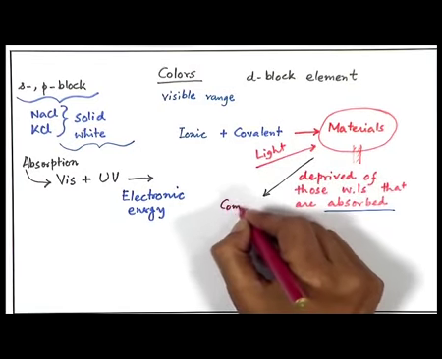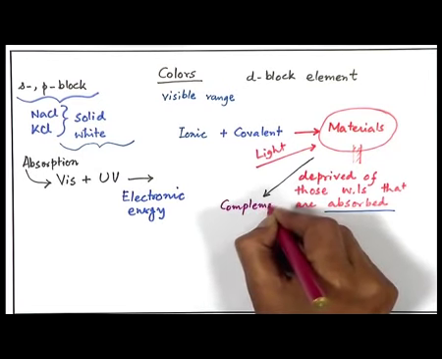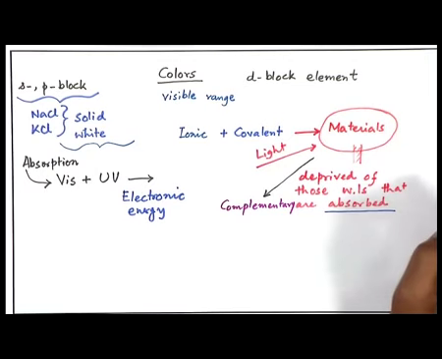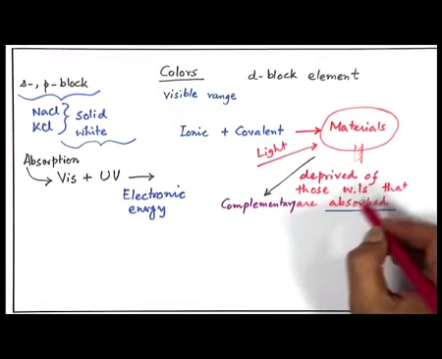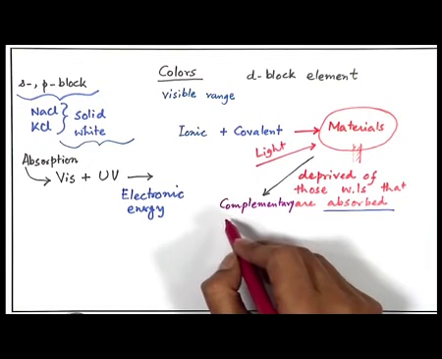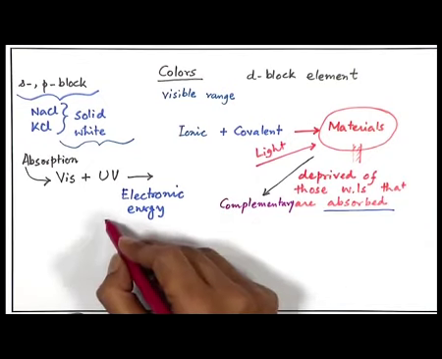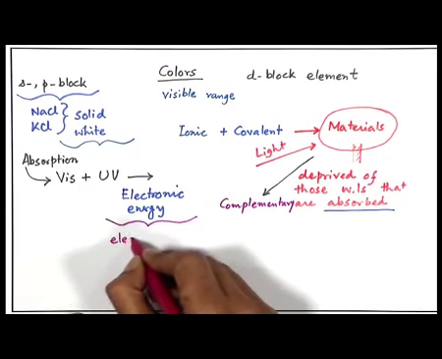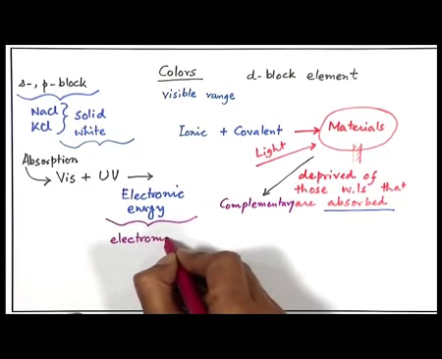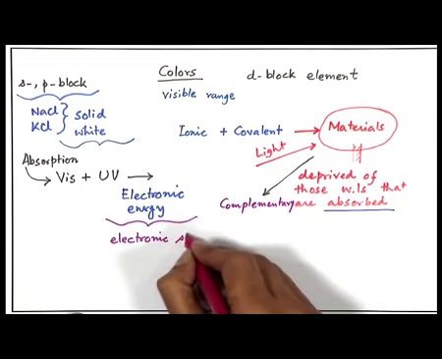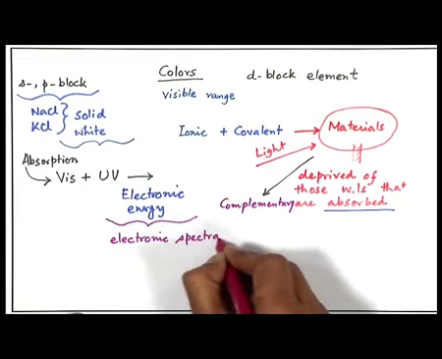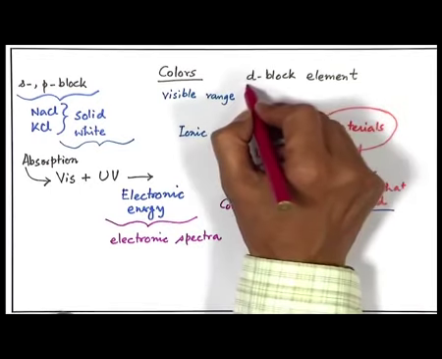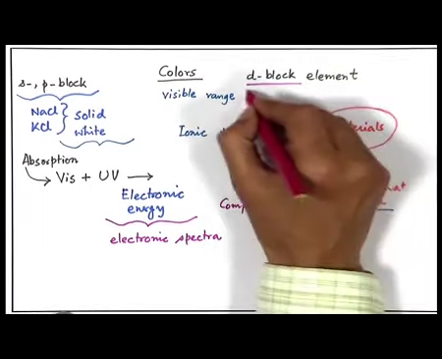So, we should know what particular wavelength is getting absorbed and what the corresponding complementary color should be when there is a change in the electronic energy. We call them electronic spectra.